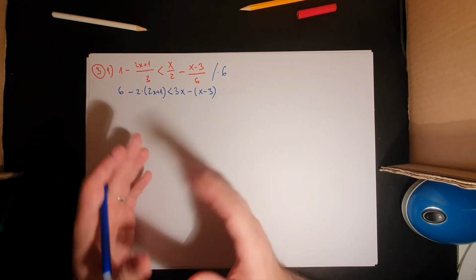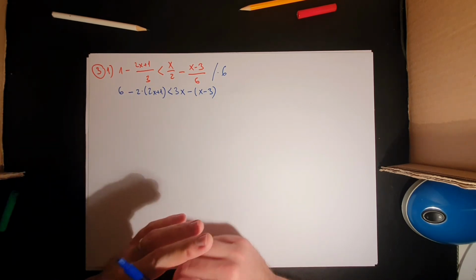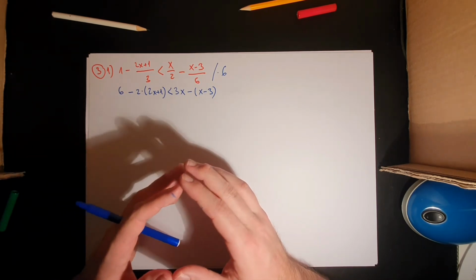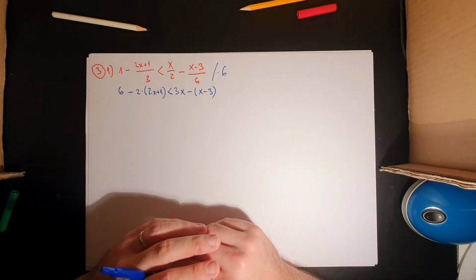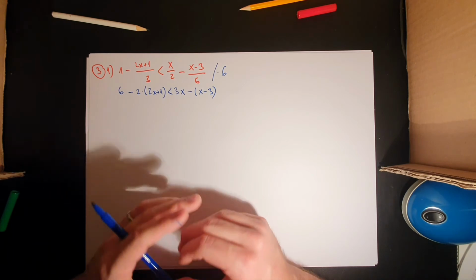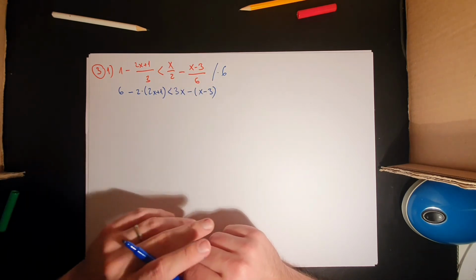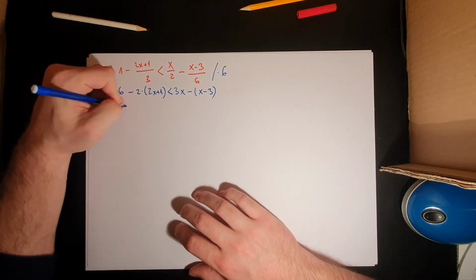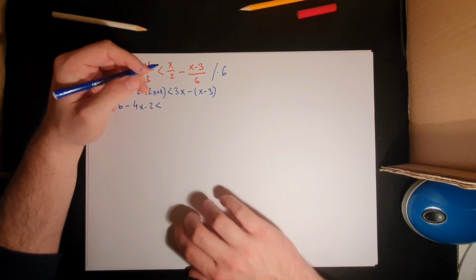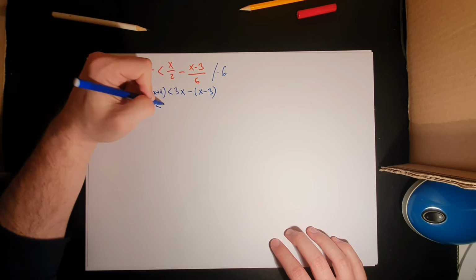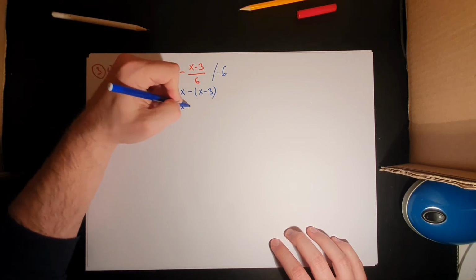Now, basically what we got now are the brackets. So before going with the method known on one side, unknown on the other side, let's get rid of the brackets, or let's multiply everything with everything and see what's going to happen. So 6 minus 4x minus 2 is less than 3x minus x plus 3.